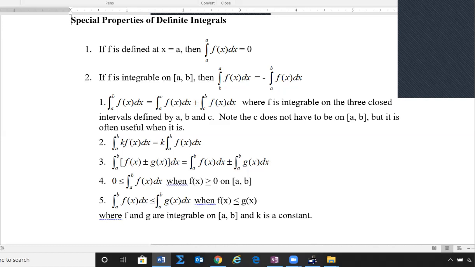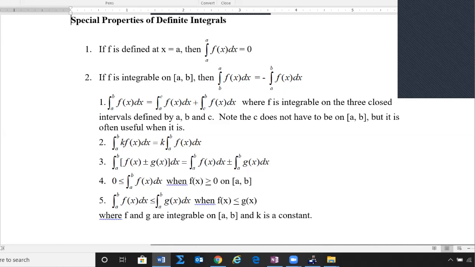If you think about that, it has a lot to do with how the delta x is formed. If we interpret this as a Riemann sum, delta x is the upper limit minus the lower limit. So if you switch that, your delta x will be opposite, which will introduce a negative sign into the computation.